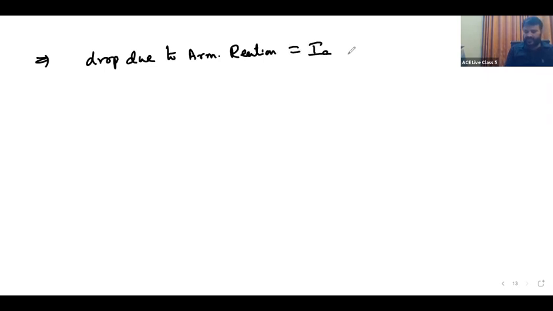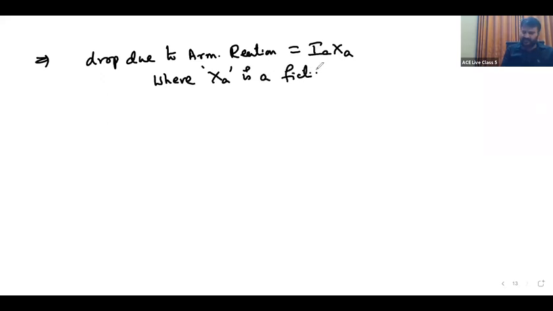The drop due to armature reaction is equal to IA into XA, where XA is a fictitious, that is imaginary, reactance.